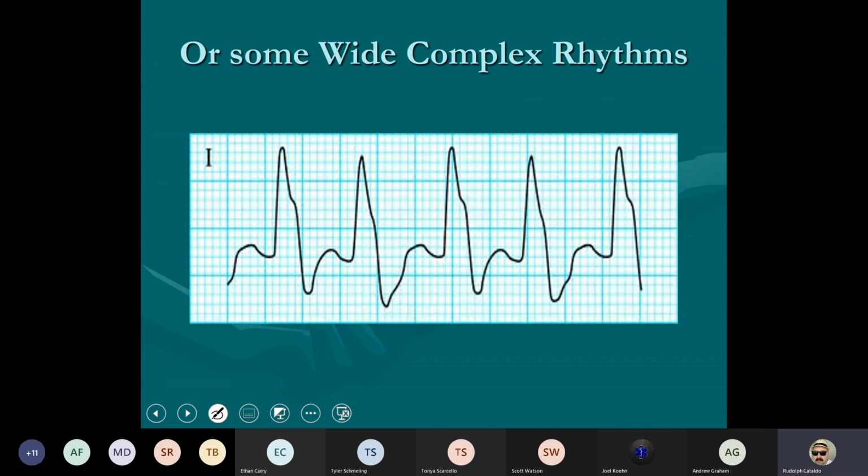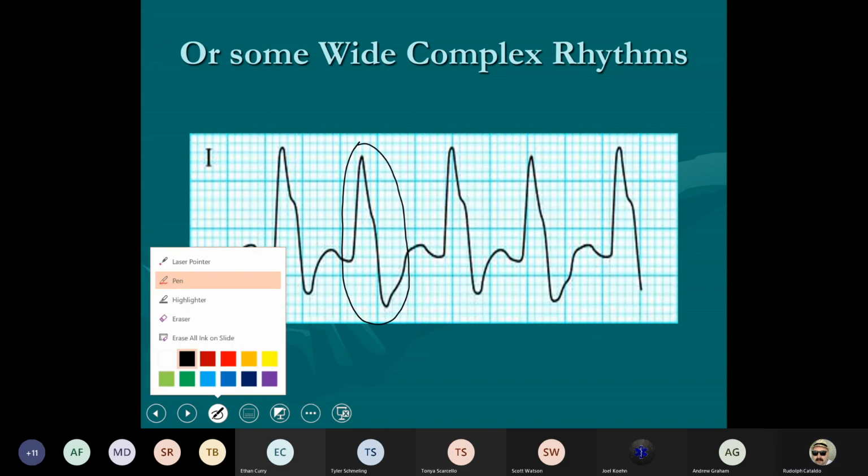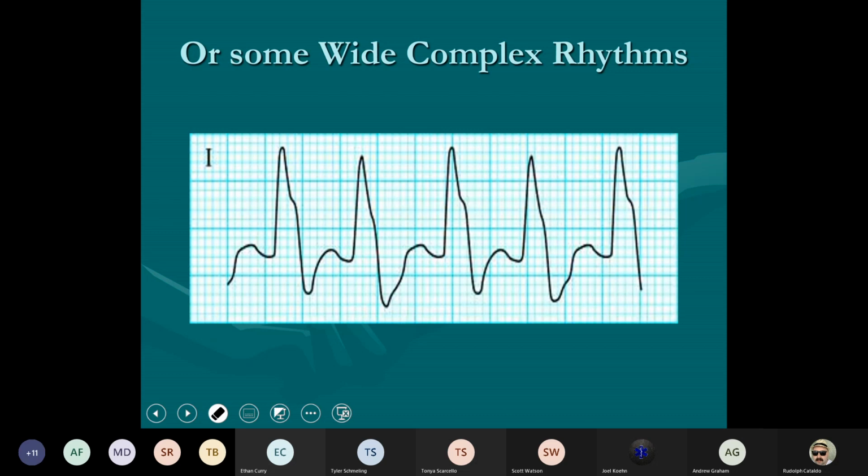This is the same thing. Sorry, I drew that wrong. That's my QRS complex. That's my T wave.